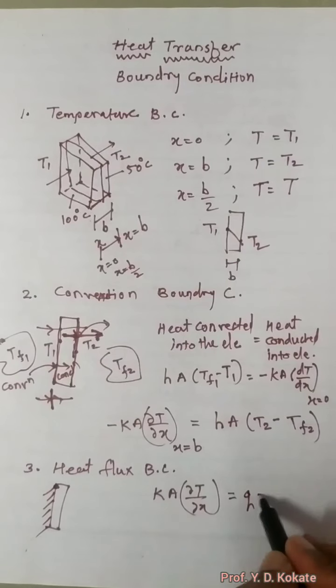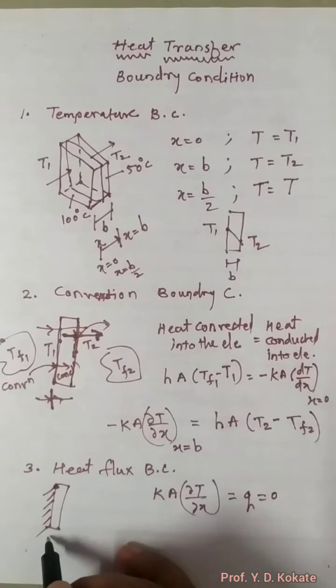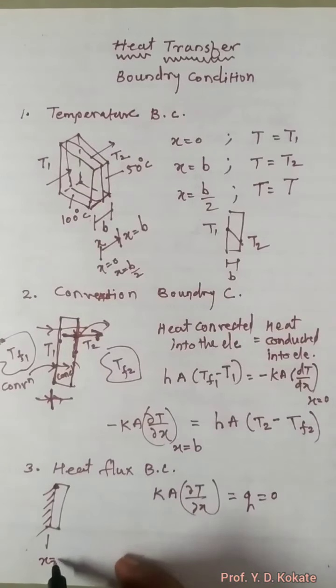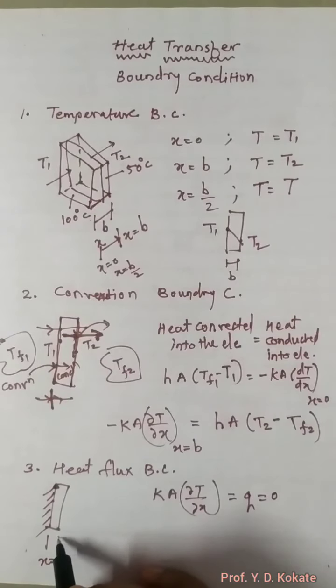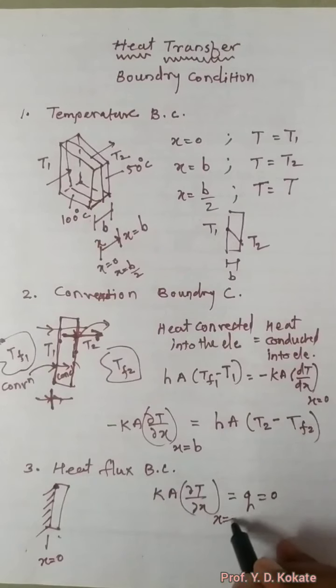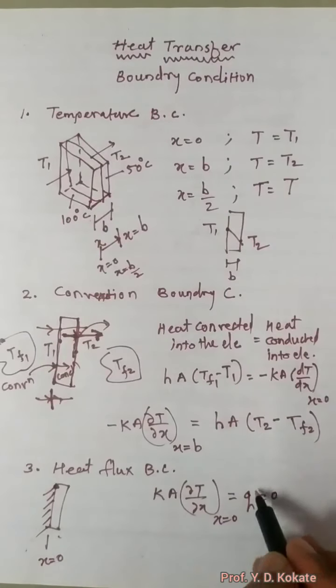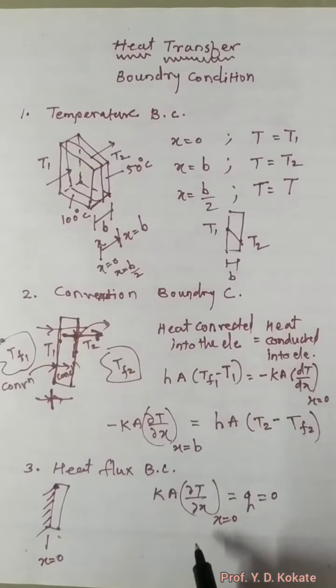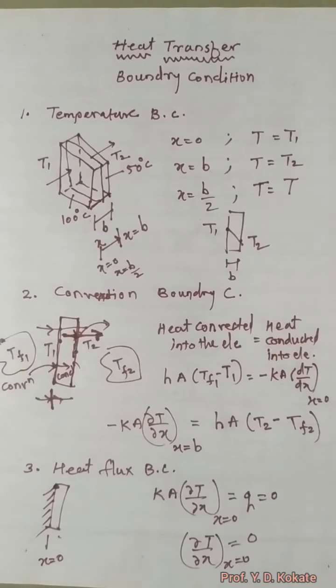That means Q becomes 0 when x is equal to 0. So at x is equal to 0 there is no heat transfer, Q becomes 0, so I get the condition dT by dx at x is equal to 0 is 0.